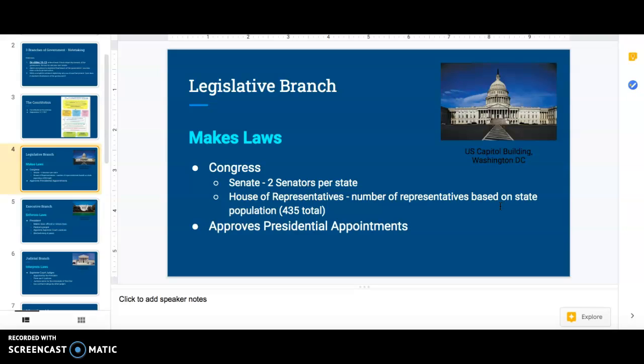So, for example, we have 8 total representatives here in Minnesota, and that is based on our population. South Dakota has 1 representative in the House of Representatives, and that is because they have a much, much smaller population than Minnesota.